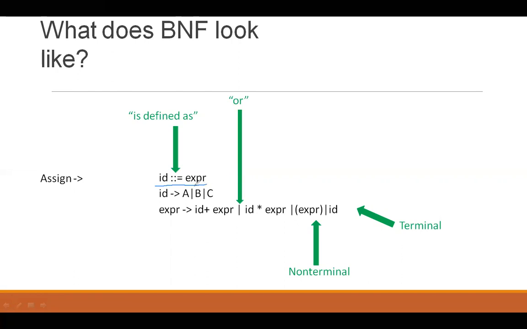So here you can see that ID is defined as EXPR, and then you can see that EXPR is further explained here. So that means EXPR is a non-terminal because we are actually trying to further explain that.